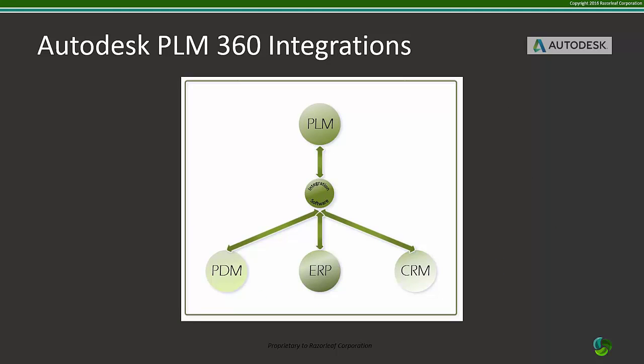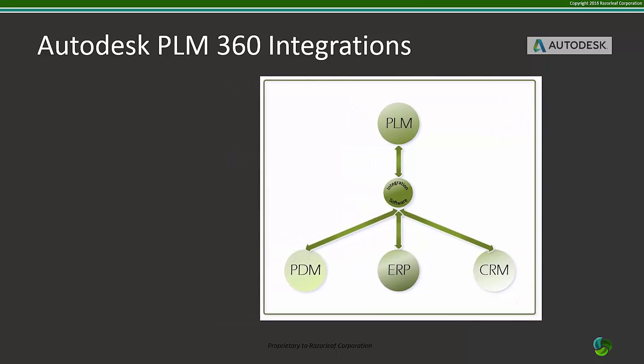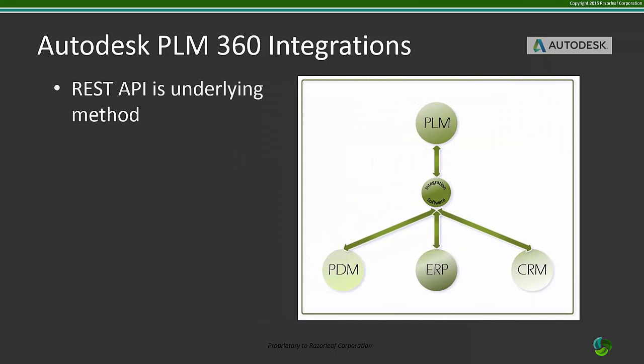In addition, any software or application such as Jitterbit that integrates Autodesk PLM 360 with another system, for example, PDM, ERP, or CRM, is using the REST API as its underlying method. So it is helpful to understand a bit about REST in order to grasp how the integration software is actually working.